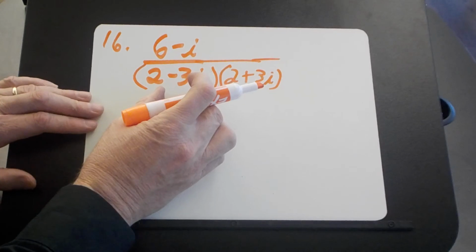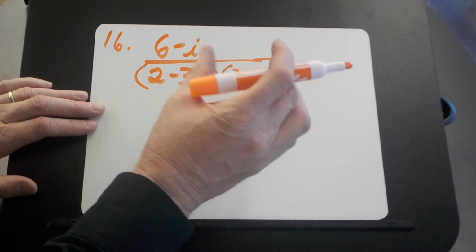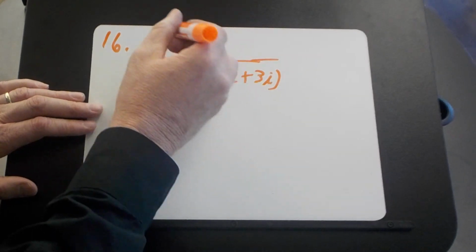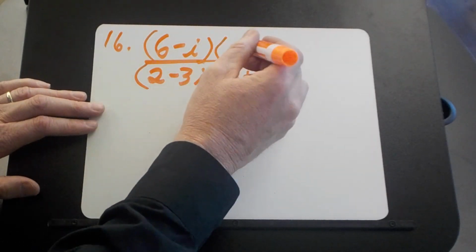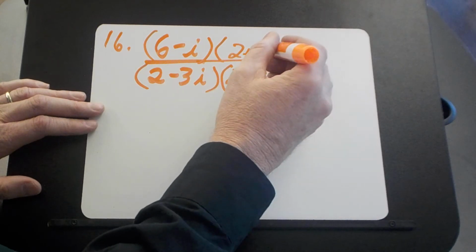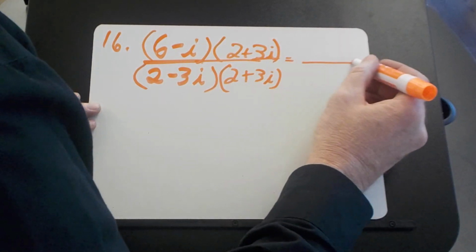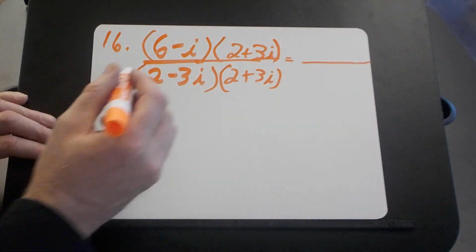The conjugate of 2 minus 3i is 2 plus 3i. Remember, when we multiply this, this is going to become a real number. What you do to the denominator, you have to do to the numerator.